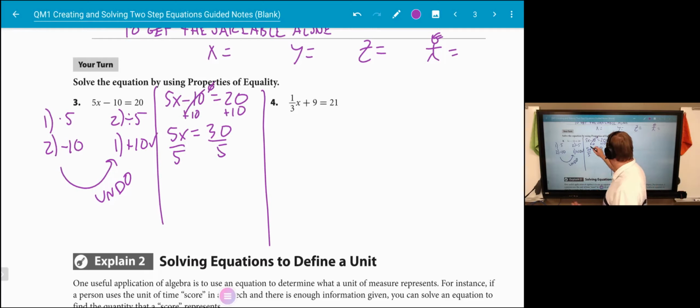Well, that's great because 5 divided by 5 is 1. That simplifies to 1. It doesn't cancel, it simplifies. That's your phrase that you need to email me. It does not cancel, it simplifies. So I have x equals 30 divided by 5, which is 6.